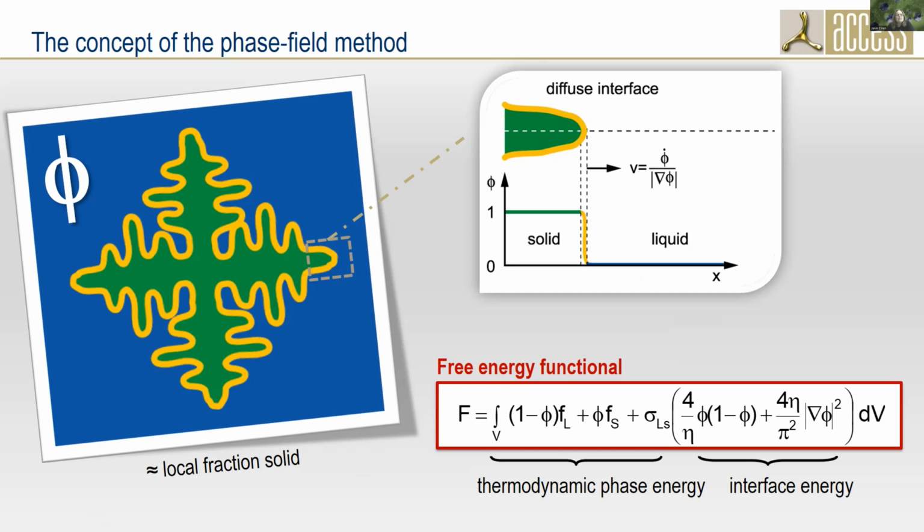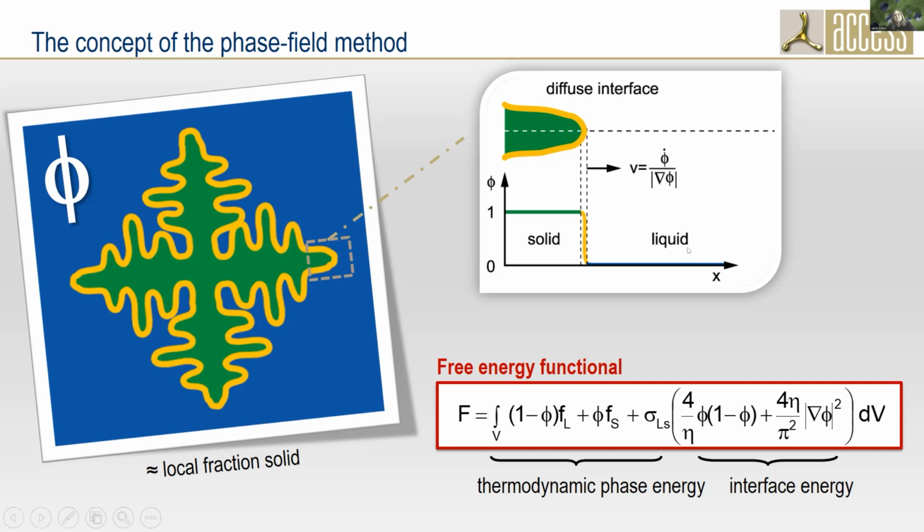Here the phase field could be related to the local fraction solid, meaning that in the green areas where we have just solid phase, the value equals 1. In the blue where it's liquid, the value equals 0. What is important is that we do not have a sharp interface, but a continuous change from 1 to 0 with a well-defined profile over a diffuse interface thickness.